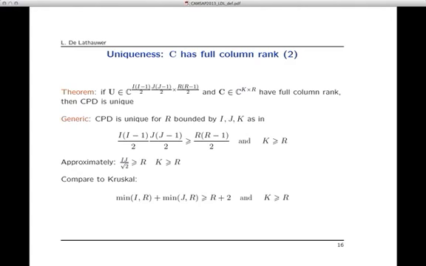To give a feeling of what the condition means, C is a tall matrix, linearly independent vectors. That means that its dimensions are K times R. In general, we have K should be larger than R. That's one condition.